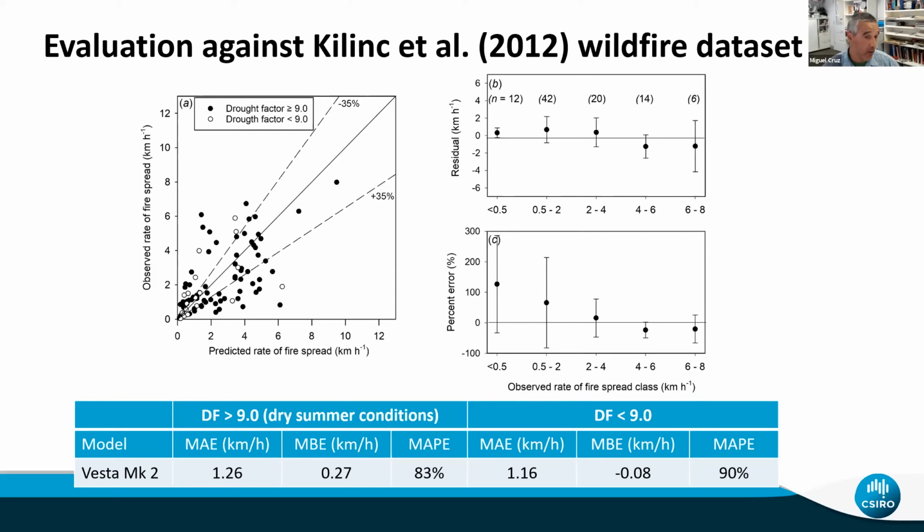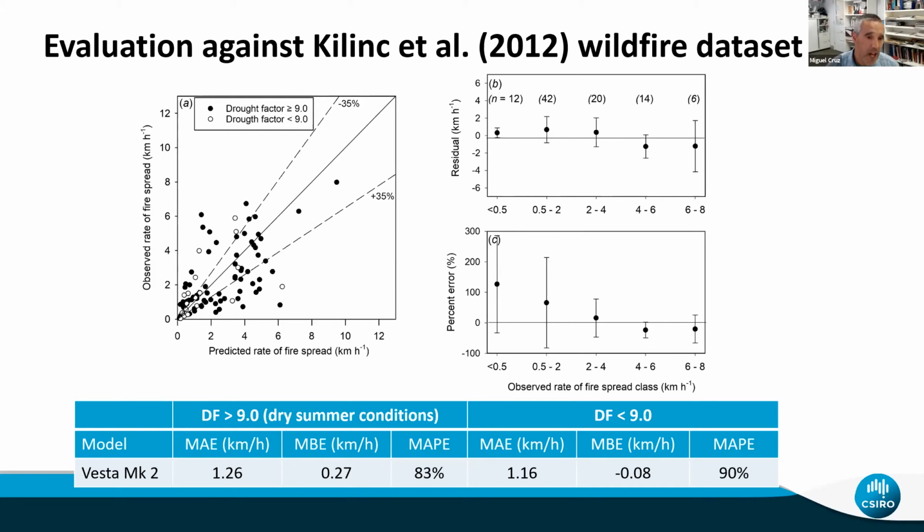So much larger than what you observed before. For the drought factor less than 9, very similar statistics: mean absolute error 1.16 kilometers per hour and MAPE about 90%. So very similar to the dry conditions, which kind of justifies the drought factor fuel availability modeling that we went through.